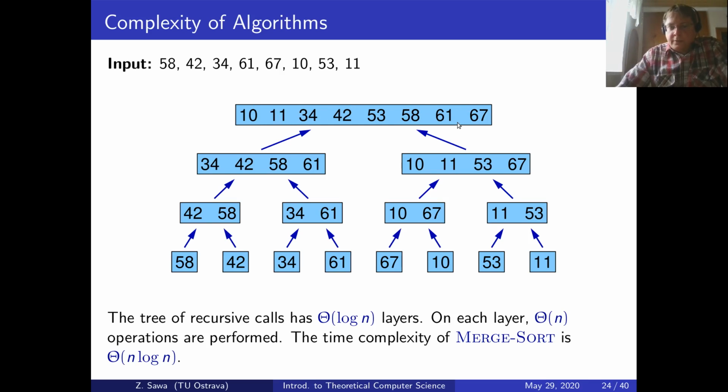And on each next level the size of the intervals is just 1/2 of the size of the intervals in the previous level. So if I have 8, then they are 4, 2, 1. So it's clear that the number of layers is logarithm of n with base 2.